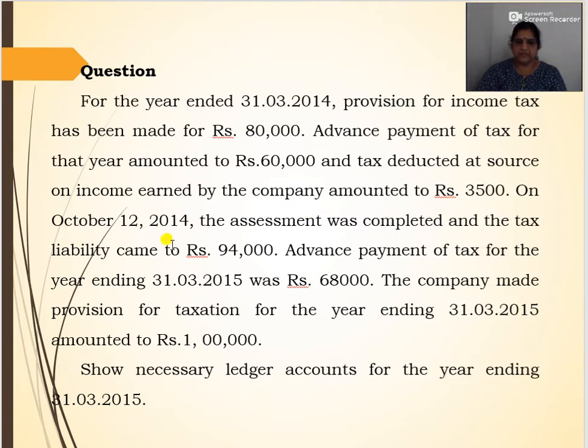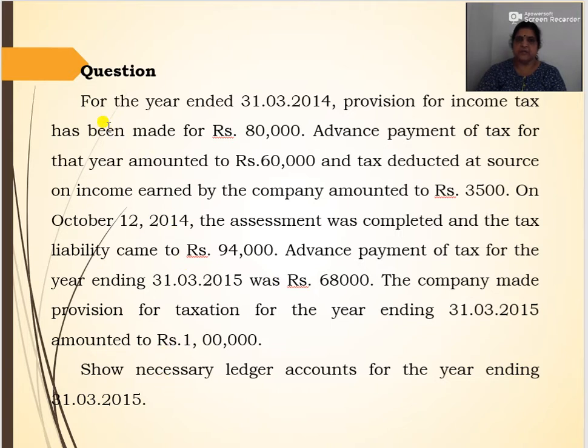On October 12, 2014, the assessment was complete and the tax liability came to rupees 94,000. Advance payment of tax for the year ending 31st March 2015 was rupees 68,000. The company made provision for taxation for the year ending 31st March 2015 amounted to rupees 1 lakh. Show necessary ledger accounts for the year ending 31st March 2015.